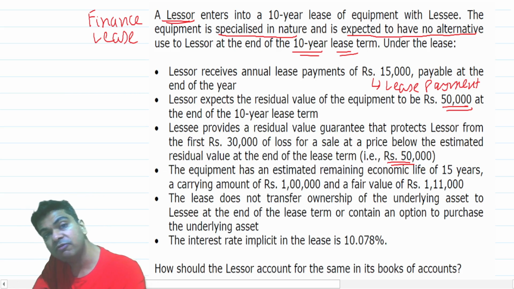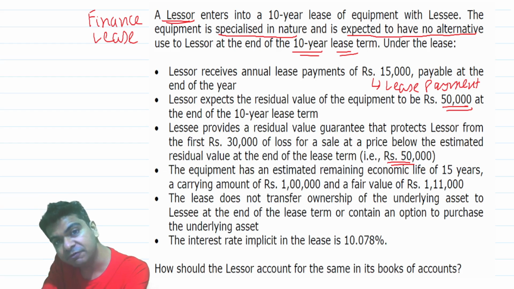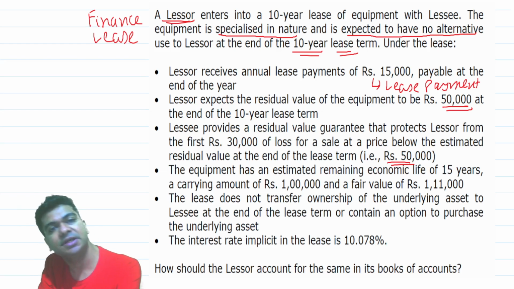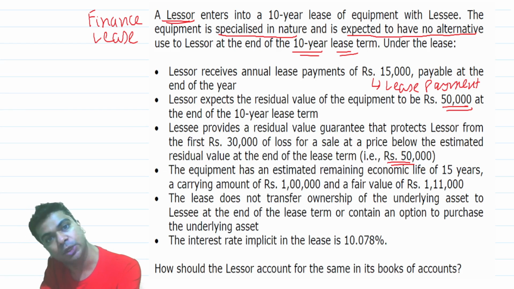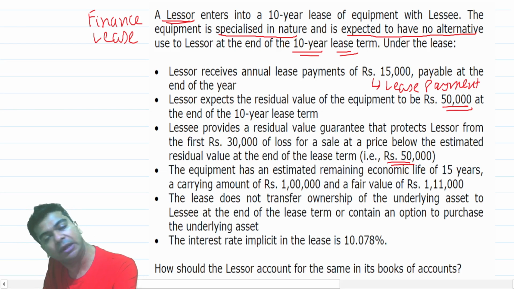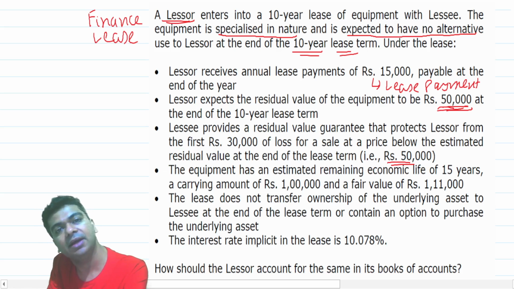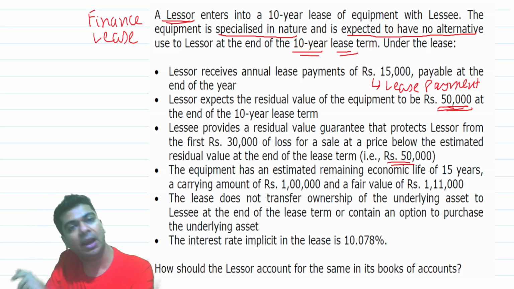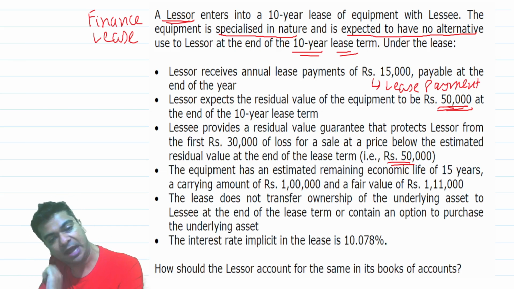Lessor is of the view that when the asset will be returned back at the end of the 10th year, it will fetch 50,000. But what if it does not fetch 50,000? Then the lessee is suggesting that I am giving you a guarantee of 30,000. So 30,000 is guaranteed residual value, but the total residual value is 50,000. If 50,000 is the total residual value and 30,000 is guaranteed residual value, then the balance 20,000 is unguaranteed residual value.